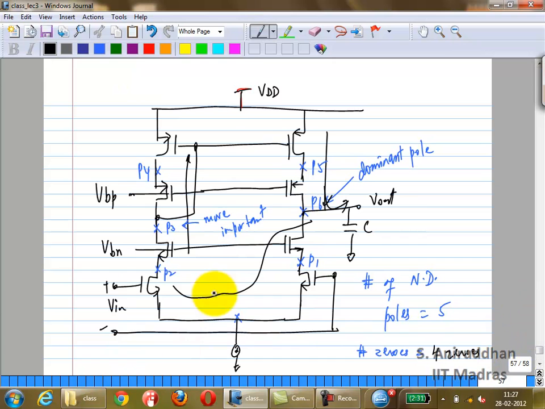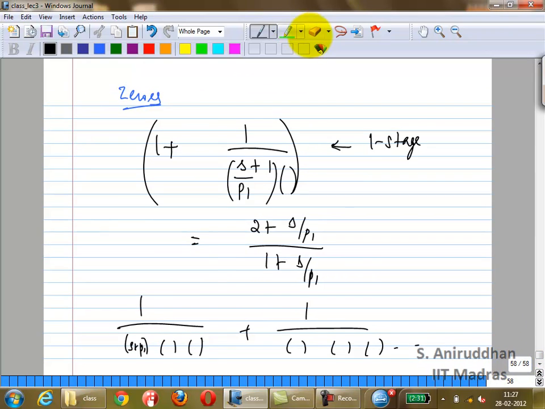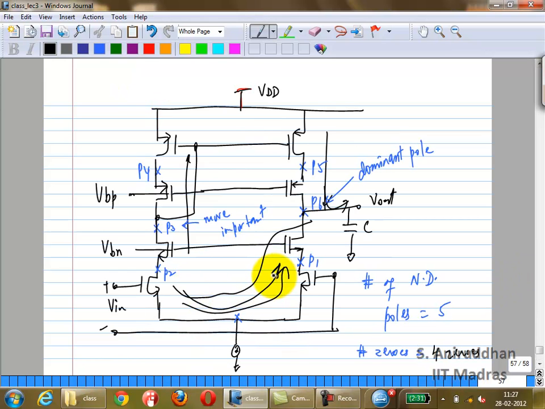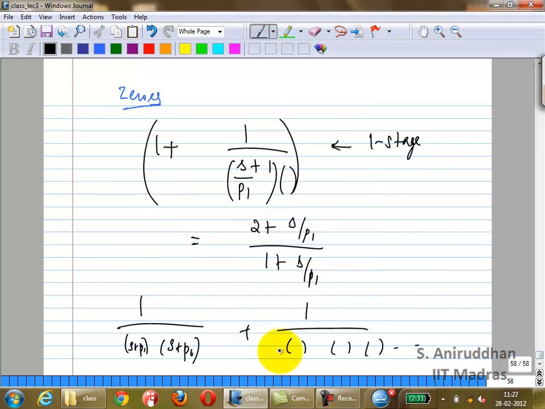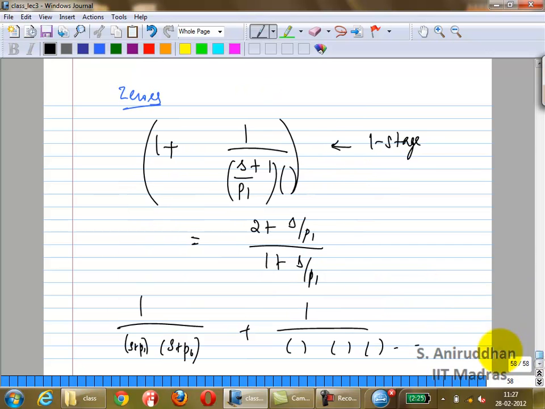So in one path, you'll have S plus P1. That's what you have in this path, right? You have a pole at P1 and a pole at P6. Is that right? What do you have in the other paths? P2, P3, P4, P5, P6. Correct?